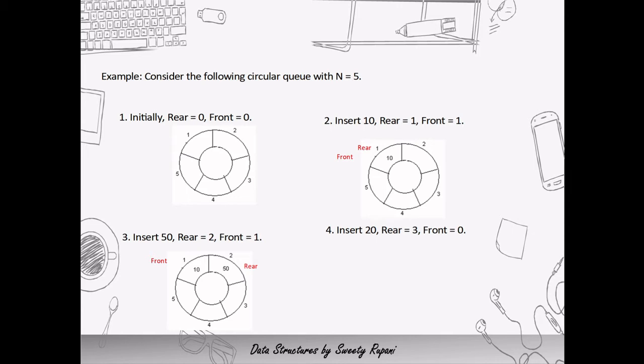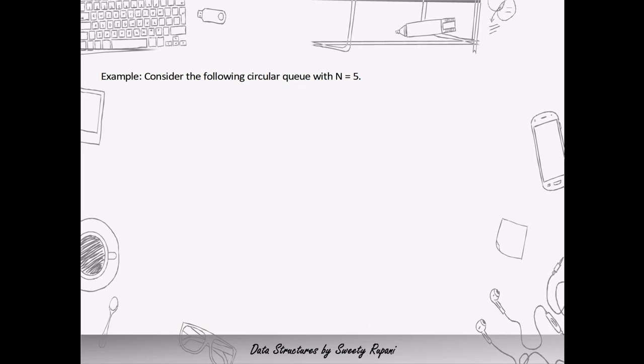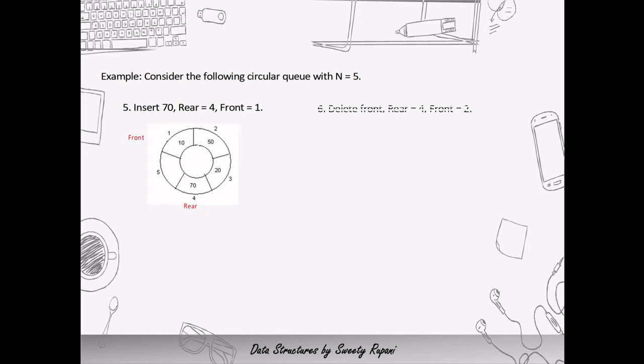Front increments only when there is a DQ operation, that is a deletion operation. Now inserting 20. So 20 would be inserted at third position. Front is pointing to first location whereas rear would be pointing to a third location. Inserting 70. So front is 1 and rear is pointing to a fourth index.